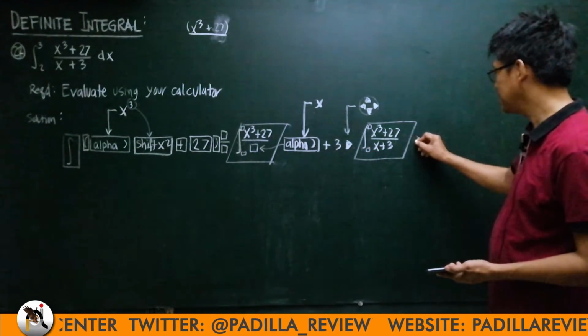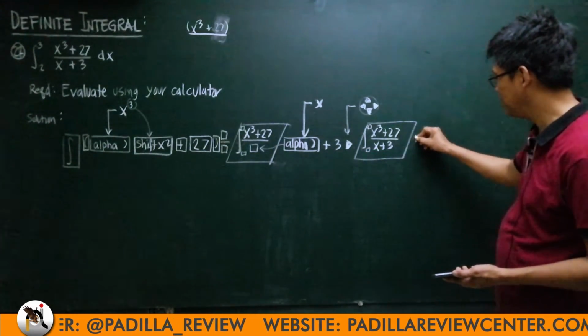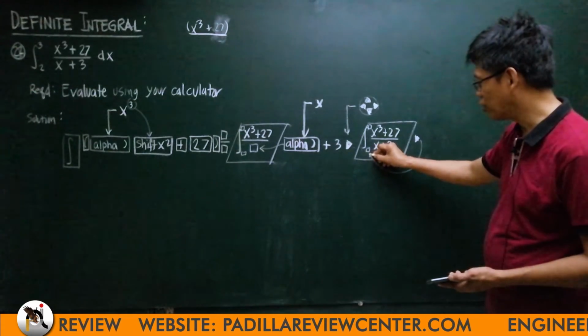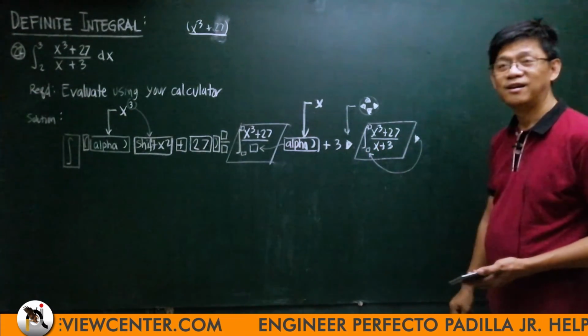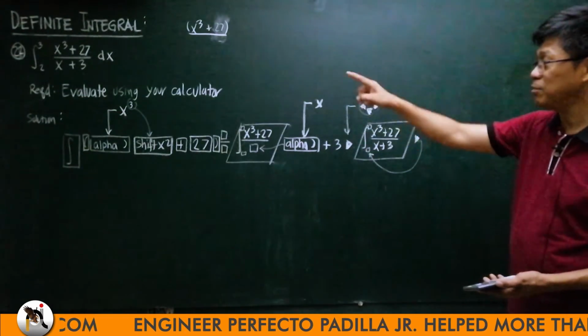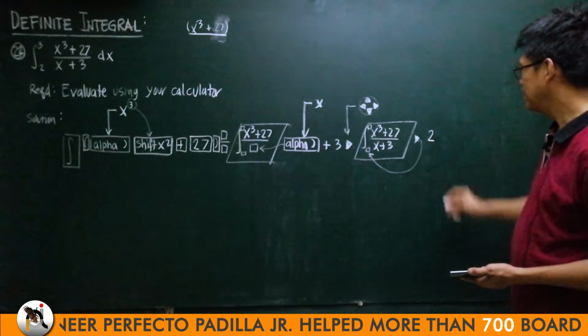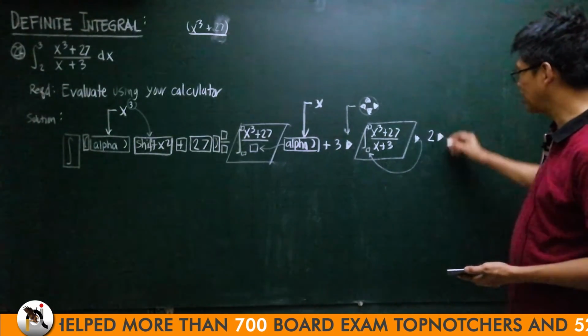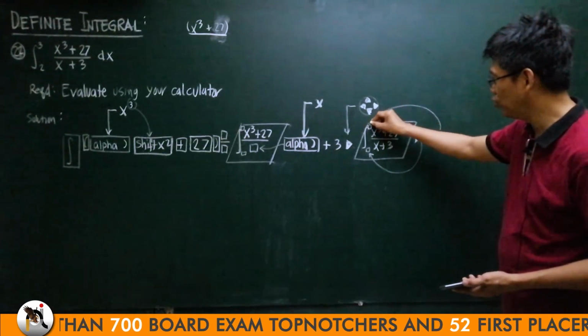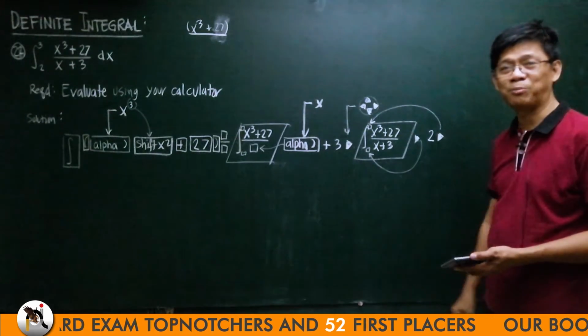You press the right arrow key, and your cursor will shift to the lower limit. Input the lower limit which is 2, then press the right arrow key again. Your calculator will move to the upper limit.